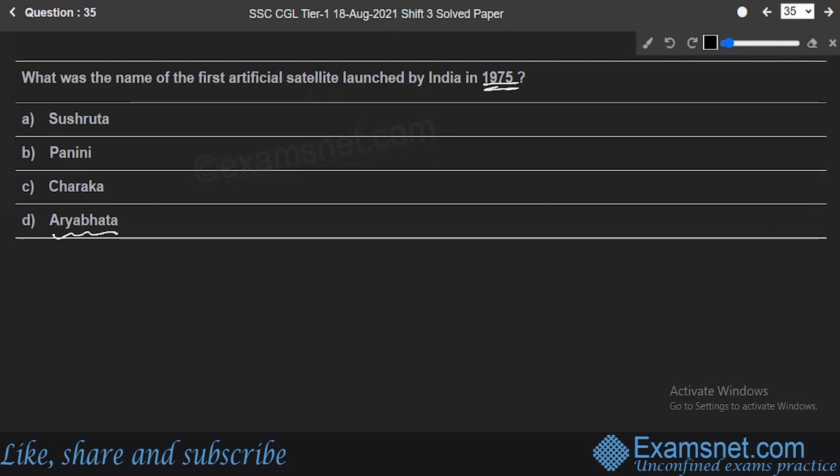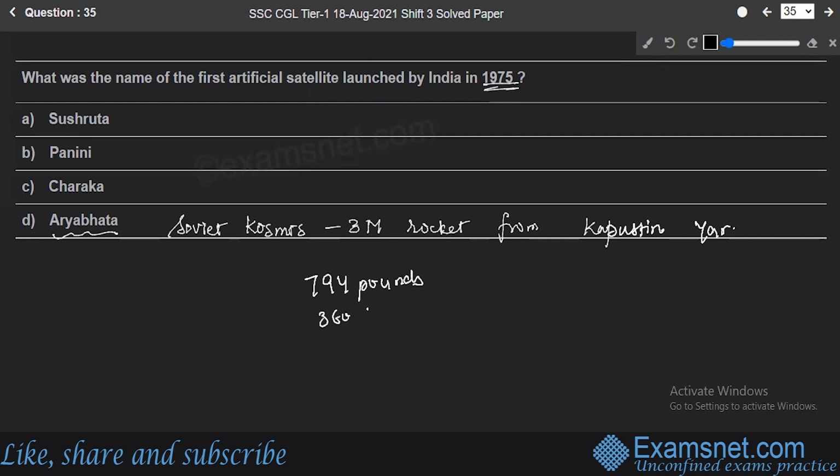It was completely designed and fabricated in India and launched by a Soviet Cosmos 3M rocket from Kapustin Yar. Aryabhatta weighed 794 pounds, which is about 360 kg, and was instrumented to explore conditions of Earth's ionosphere, measure neutrons and gamma rays from the sun, and perform investigations in X-ray astronomy.